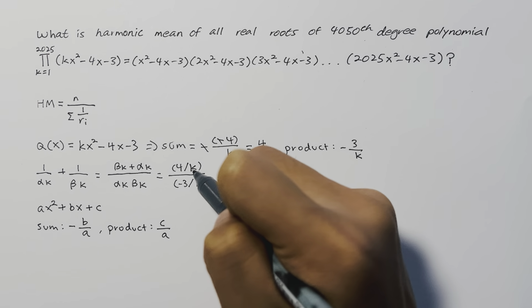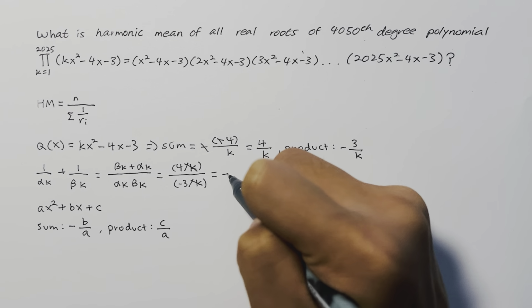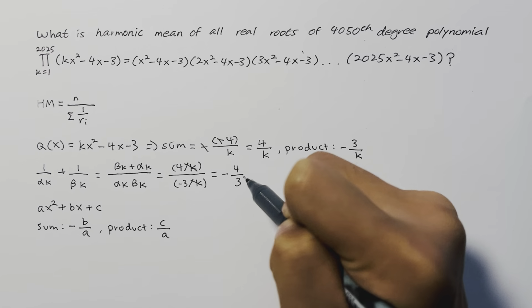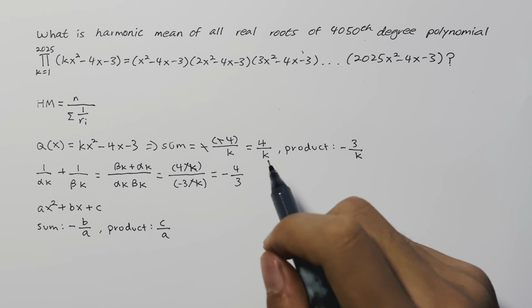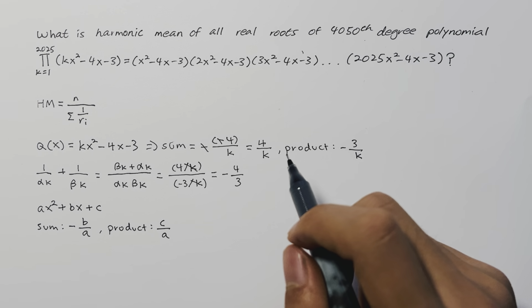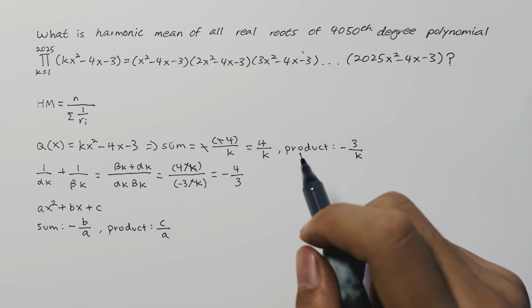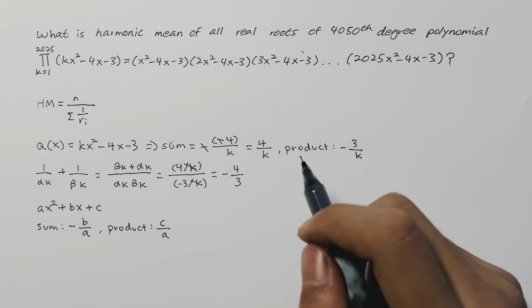The k variable cancels out, leaving us with negative 4 over 3. And this is a critical insight that dismantles the entire problem. For every single one of the 2025 quadratic factors, regardless of the value of k, the sum of the reciprocals of its roots is constant, negative 4 over 3. So the complexity was in k.